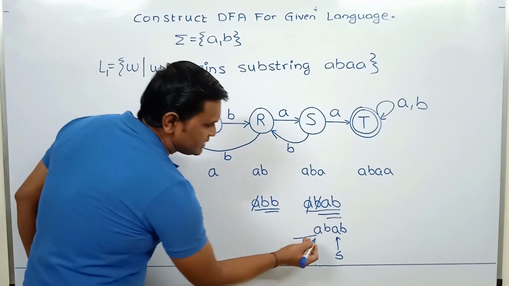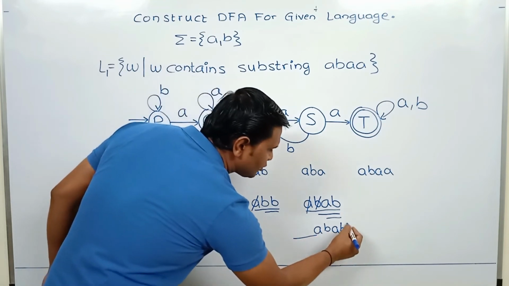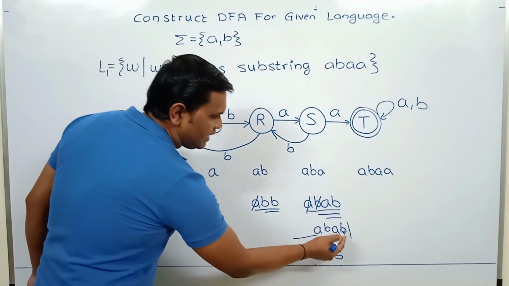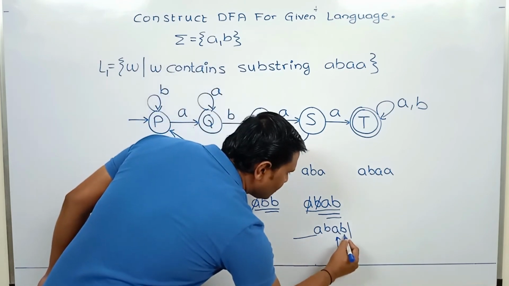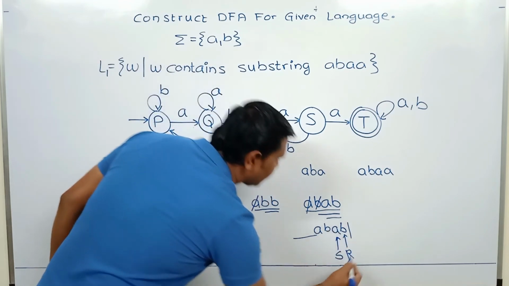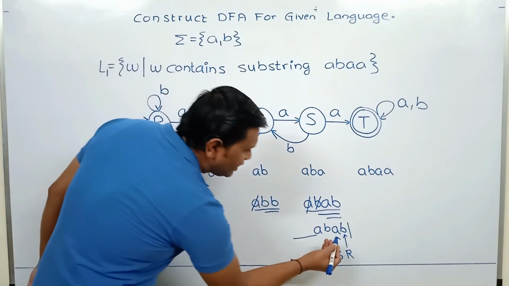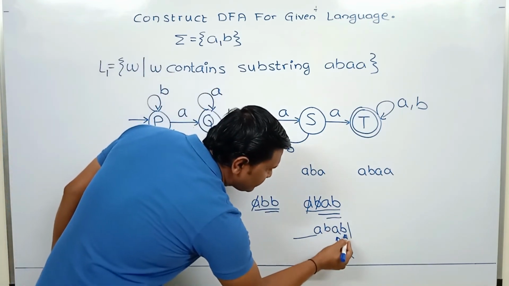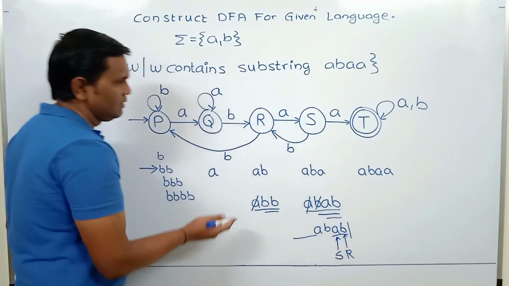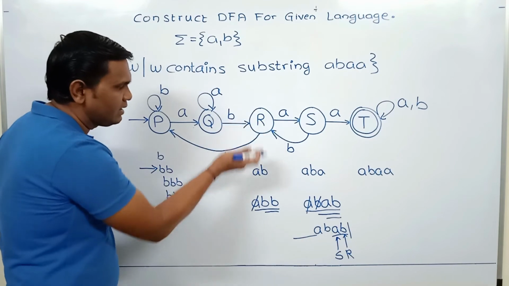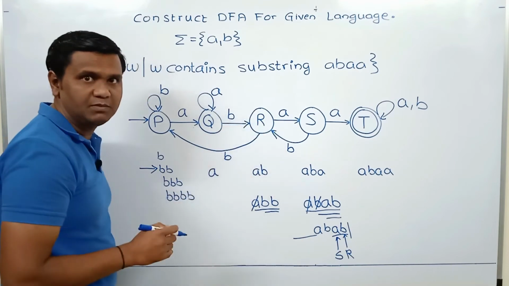Some string is processed, after that AB is processed. While in S, if B comes, we come back to state R. And now we can use this suffix AB, which is the significance of state R. State R remembers the last two symbols are AB.